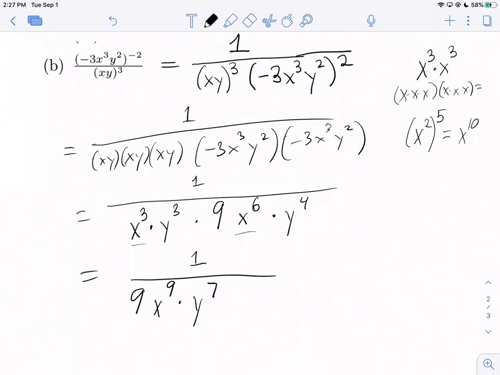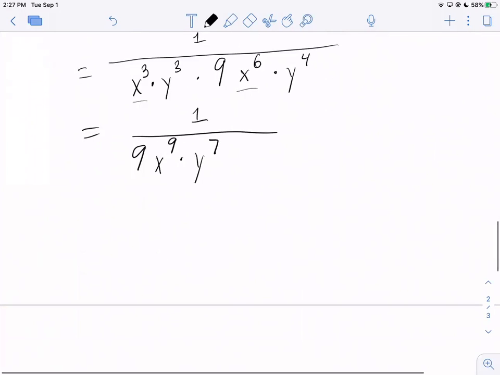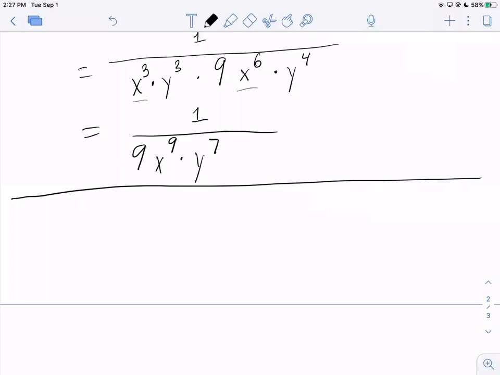So now let me give you guys a chance to work on some of these on your own. So I'm going to come up with an in-class example. Please simplify using positive exponents.